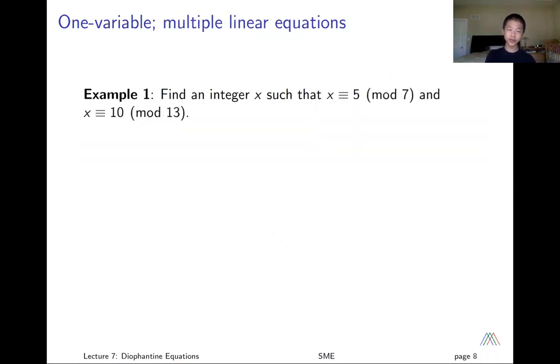So now we're going to go on to multiple equations and only one variable. I'll let you guys think about this for a second if you find a solution. So x is equivalent to 5 mod 7, and x is equivalent to 10 mod 13.